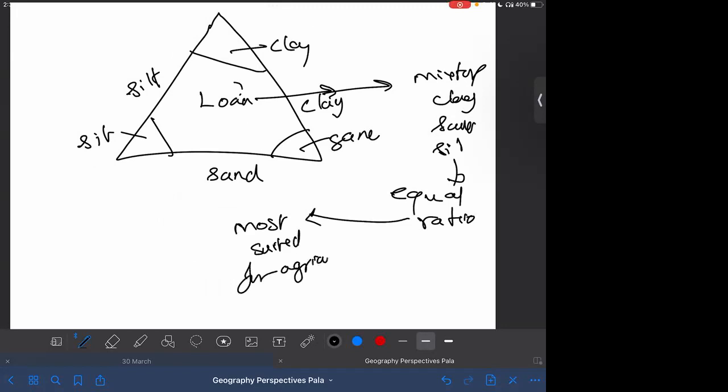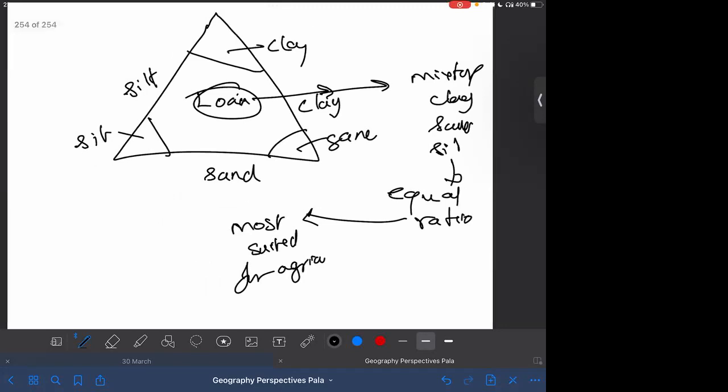This is loam. Loam comes in the central part where there is balance between the presence of clay, sand and silt. These three should come together. If it is very clayey, it is very difficult to cultivate, difficult to plow and plant trees, and even difficult for the growth of roots.